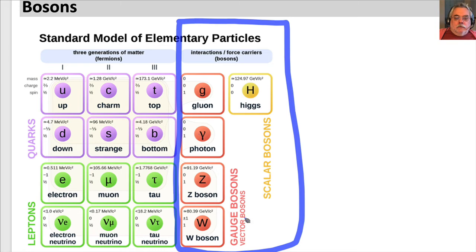These are called gauge bosons or vector bosons. The gluon and the photon have 0 electrical charge and 0 mass and travel at the speed of light.